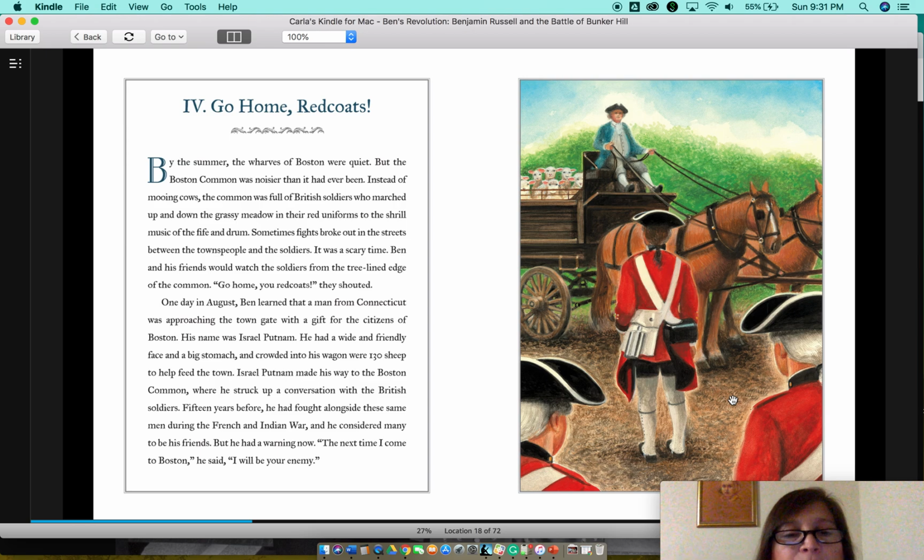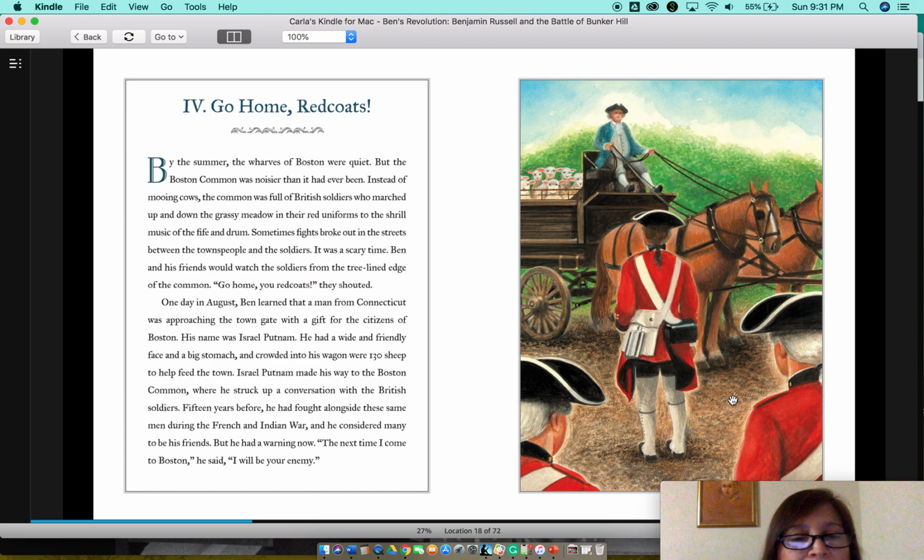Sometimes fights broke out in the streets between the townspeople and the soldiers. It was a scary time. Ben and his friends would watch the soldiers from the tree-lined edge of the Common. "Go home, you redcoat," they shouted. One day in August, Ben learned that a man from Connecticut was approaching the town gate with a gift for the citizens of Boston.